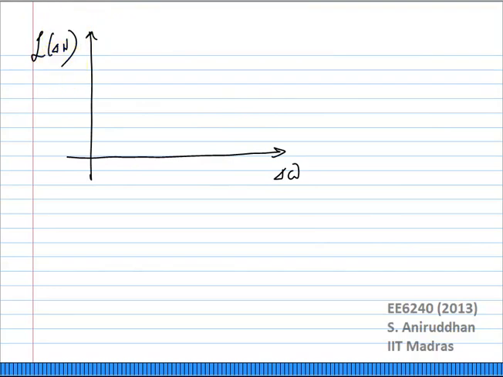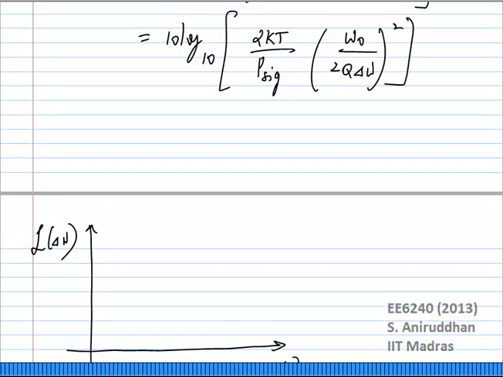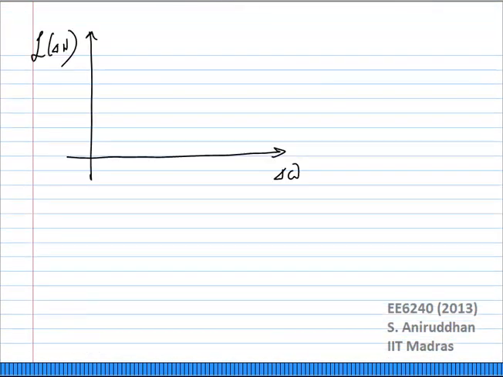What kind of plot will you get with this equation? Minus 20 dB per decade. So you get something like this. You will get a minus 20 dB per decade phase noise.